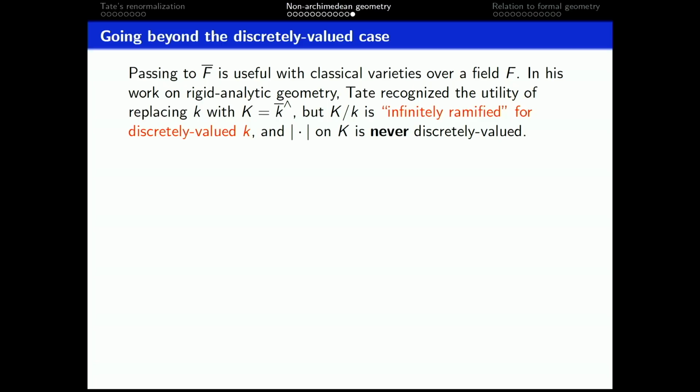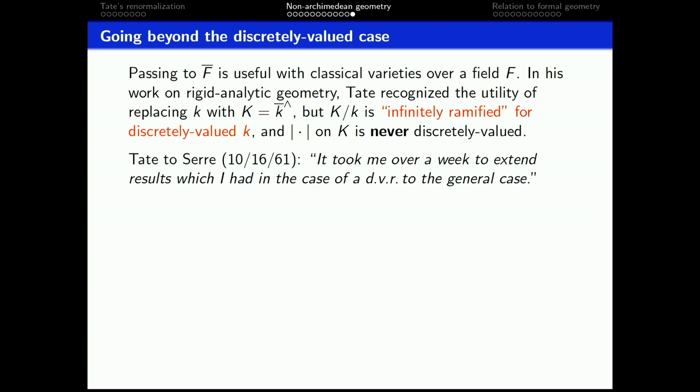When k is discretely valued, this thing is going to be infinitely ramified. In any event, the completed algebraic closure is never discretely valued. So you shouldn't limit the development only to the discretely valued case, because this will come back to haunt you later. And so he wrote to Serre about this, that he'd solved some problems in the discretely valued case, and then it took him over a week, but he really worked hard. He wanted to get things in the general case.